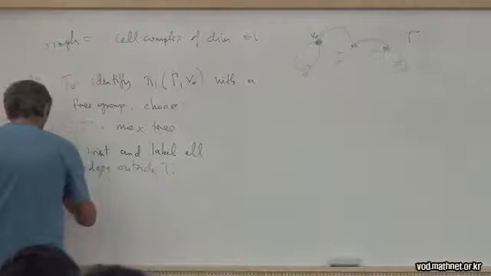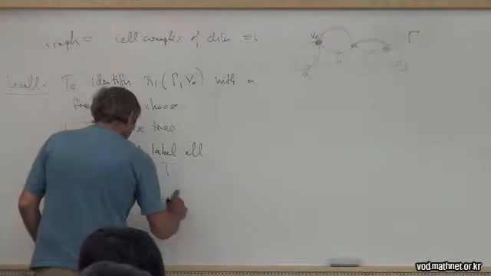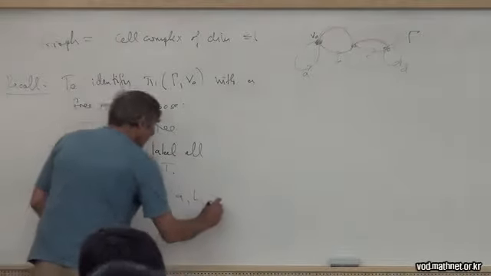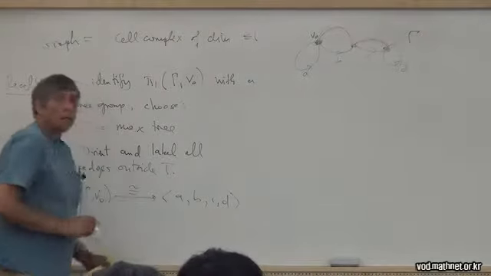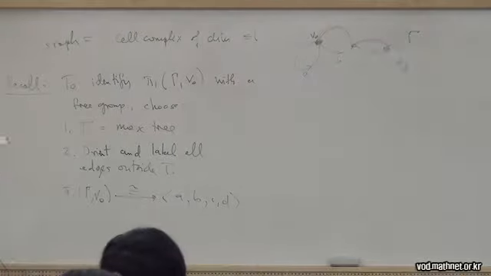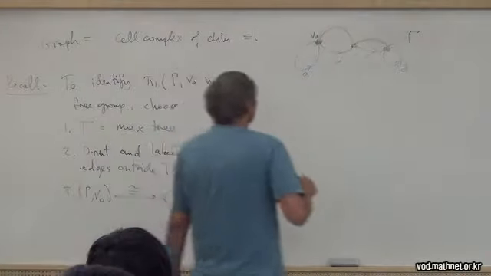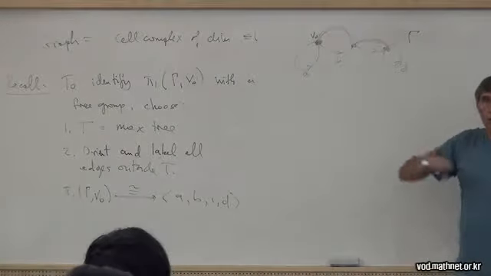So then pi1 of gamma with respect to V0 has an isomorphism to the free group generated by these labels A, B, C, D. And how does this isomorphism work? Well, every element of pi1 is represented by a simplicial loop, a loop that just follows edges around.